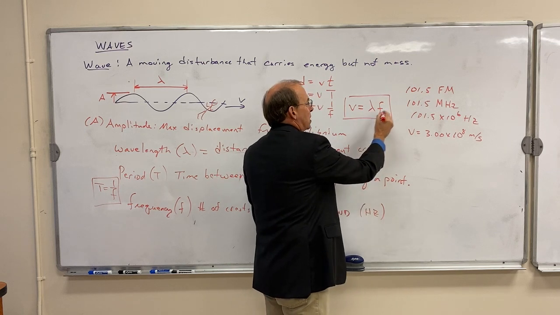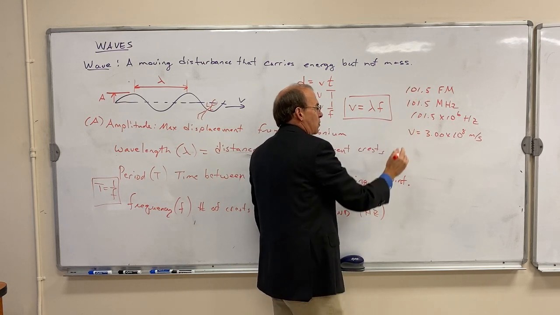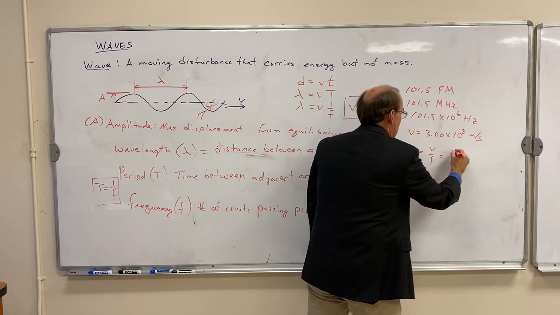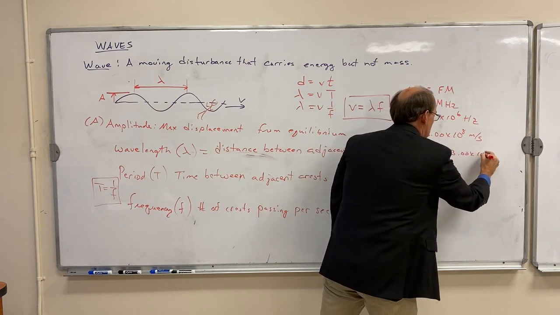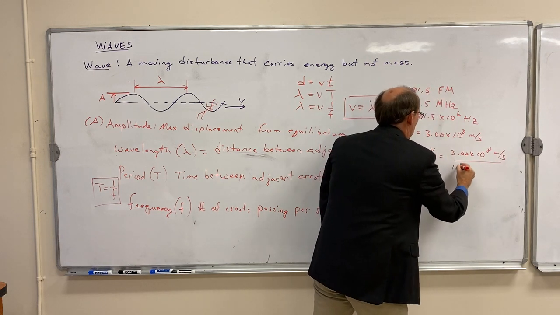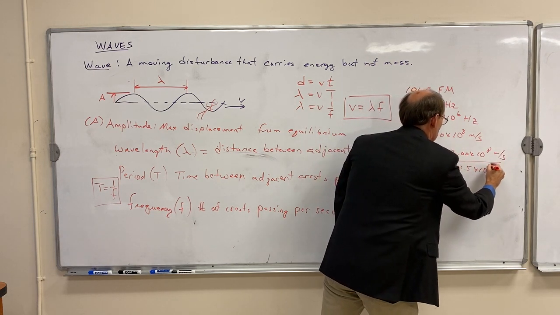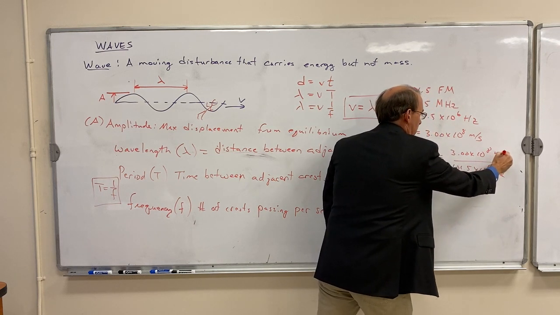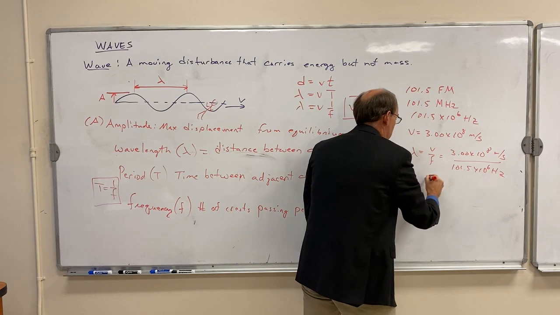So the wavelength of the waves carrying that radio signal is v over f, 3 times 10 to the 8th meters per second divided by 101.5 times 10 to the 6th hertz. Now, hertz is 1 over seconds, so this will be meters.